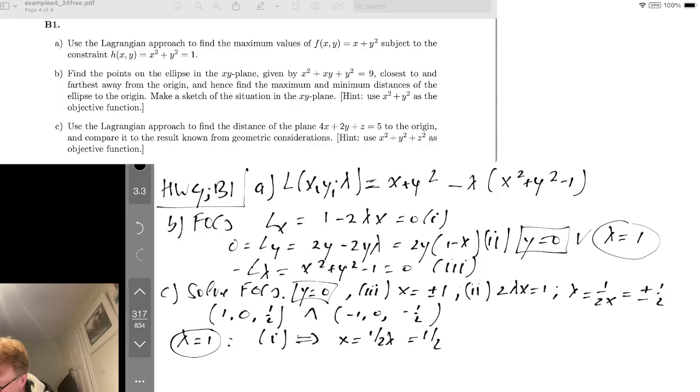Then from 3, we get y squared is 1 minus 1/4 is 3/4. So y is plus or minus square root of 3 over 2.